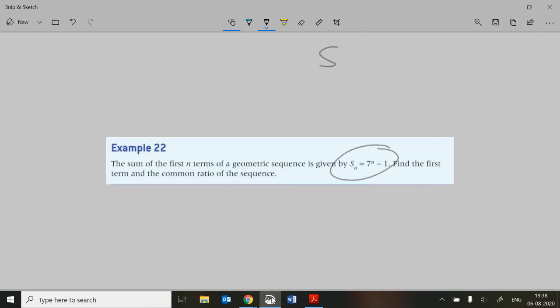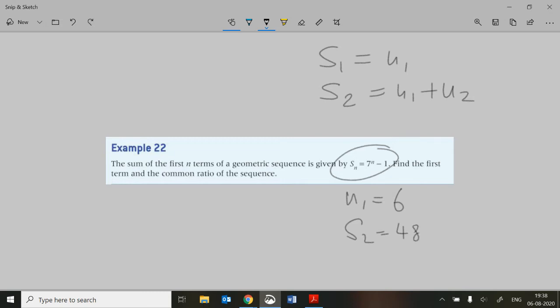Well, remember, S of 1 is equal to U of 1, and S of 2 is equal to U1 plus U2. So all you need to do in this case is substitute in 1 to get U1. So U1 is equal to 7 to the 1, take away 1, is 6. And S2 is going to be 48, just substituting in 2 into here, of course.